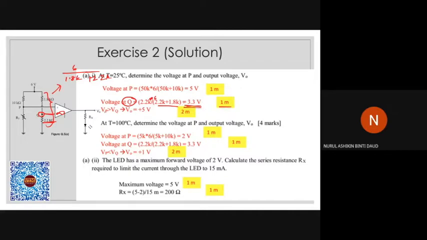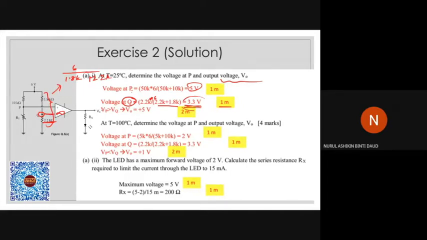So here you need to compare voltage P and Q. Which one is the biggest? When you calculate these values to determine the output voltage, you can see that VP, the value at the non-inverting input, is bigger compared to the value at the inverting input.